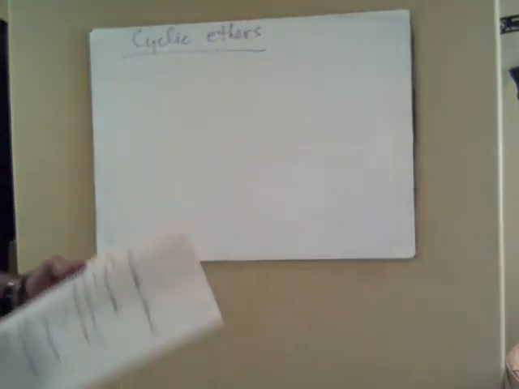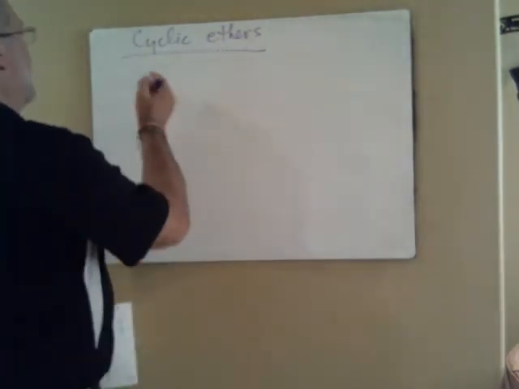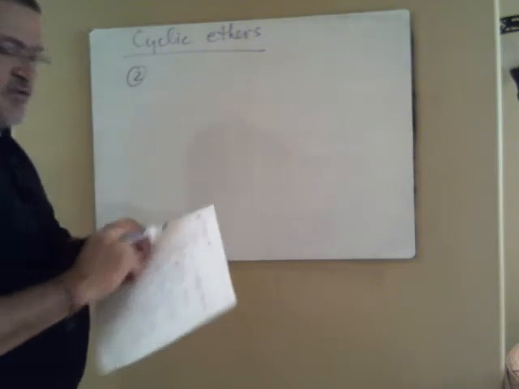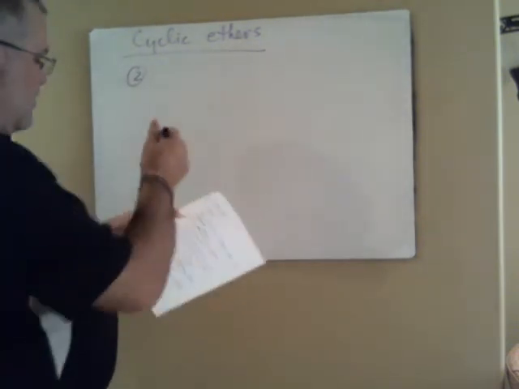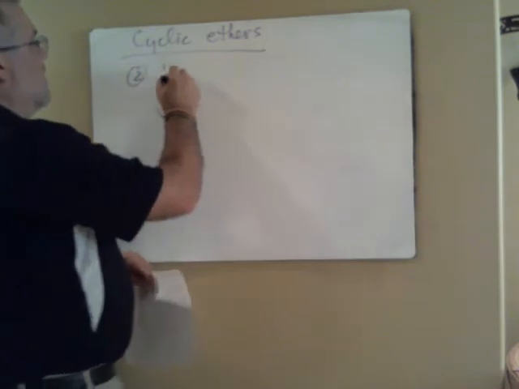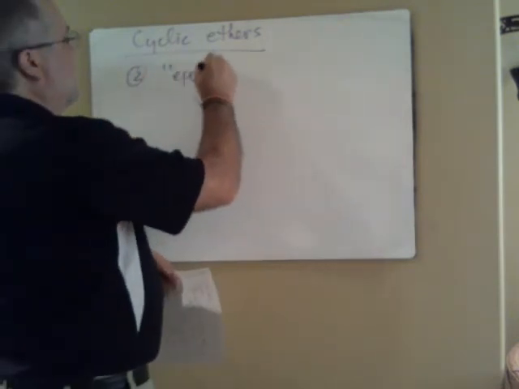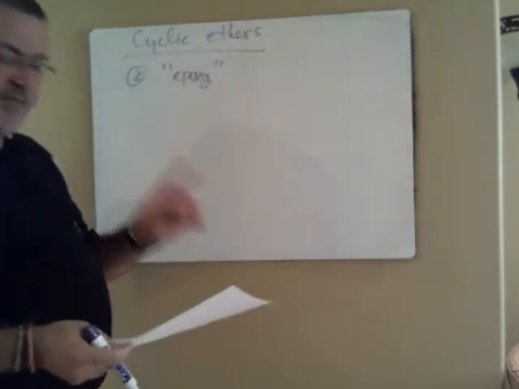Okay, so that's pretty straightforward, and that's one method of naming it, called the oxide method. But the other is to treat it as a substituent, and this is a little bit trickier to get your head around, but once you do, it's pretty straightforward, and that is using epoxy as a substituent name.